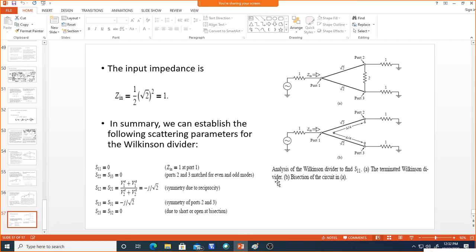So for the terminated Wilkinson power divider, this is using the value of the resistor, and if it is open, the bisection of the circuit, this is the normalized input impedance at port 1 and the normalized impedance at port 2 and port 3, and this is a normalized value equal to root 2. The transmission line between port 2 and port 1 has z equal to root 2, that we have shown already. So this is about the scattering matrix and the Wilkinson power divider.